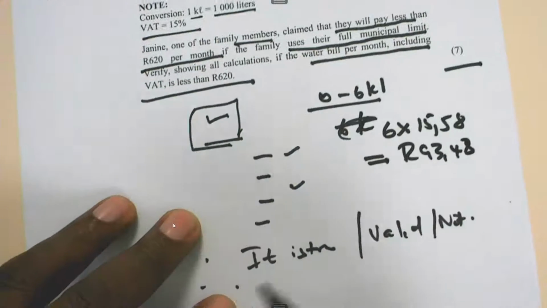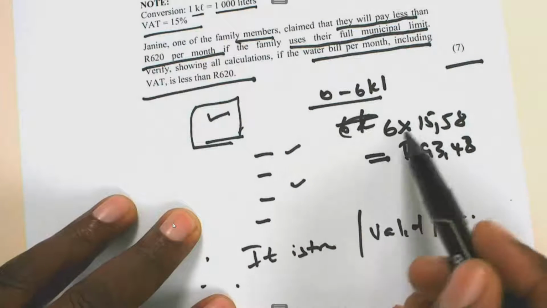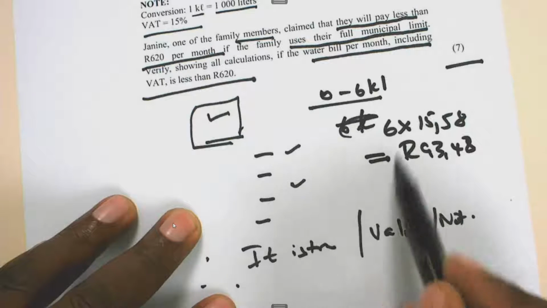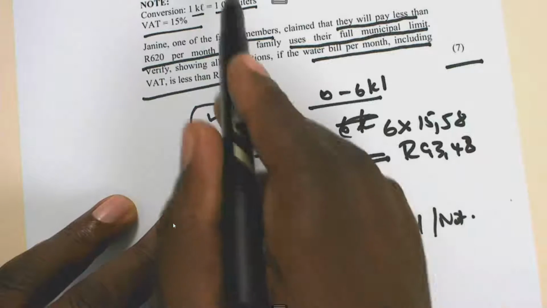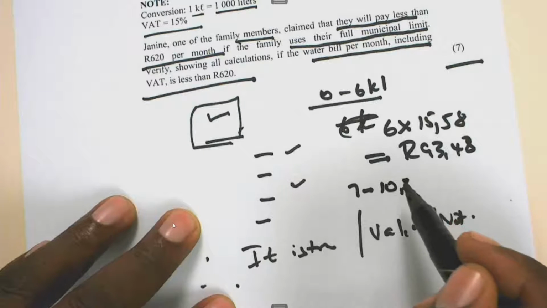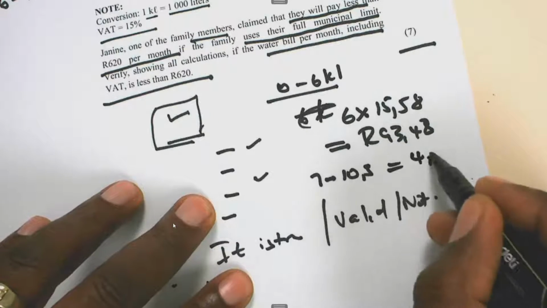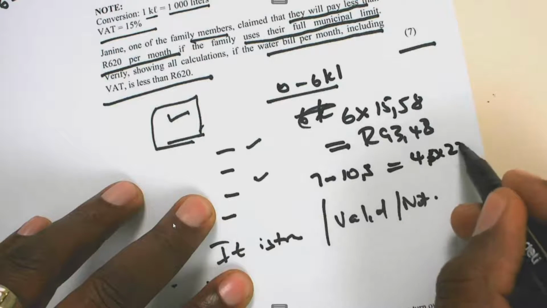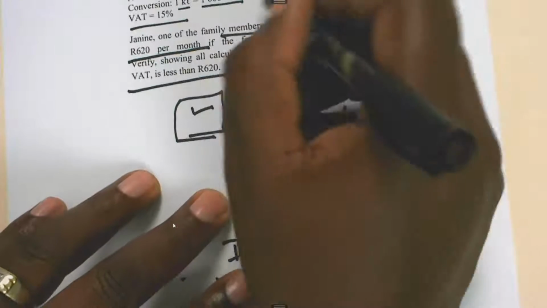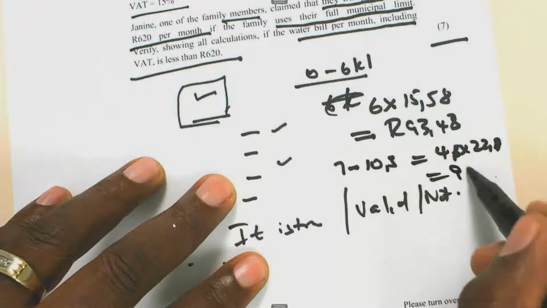You will continue and go to the next bracket. Now you go from 7 to 10.5 kiloliters. It will be 4.5 multiplied by 22 rand 17, which is this second bracket. You get the amount there, 99 rand 77.